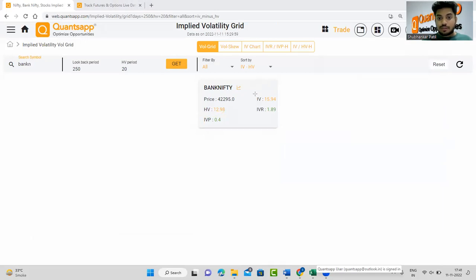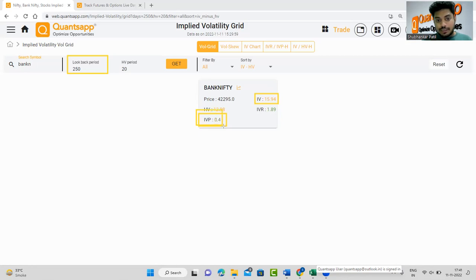Where the current IV is 15.94, IVP is 0.4. That means only 0.4 percentile of times in the last 250 days IVs traded below the current level. The rest of the times it was above the current level. So implied volatility percentile shows you where you are placed on an implied volatility curve.